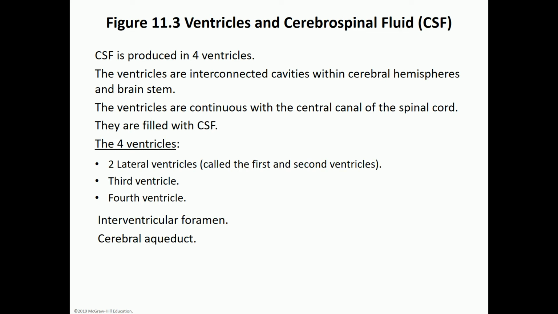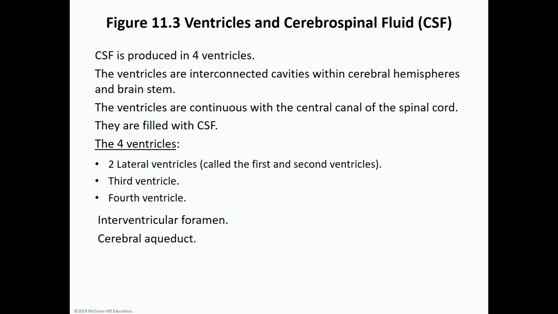Okay, but they have the same name with the same spelling, but they basically mean cavities that are found within the brain. Again, 2 of them are found in the cerebral hemispheres. These are known as the 2 lateral ventricles. And then there's a 3rd ventricle, and that is found in between the diencephalon. And then there's a 4th ventricle, and that's found in the brainstem.